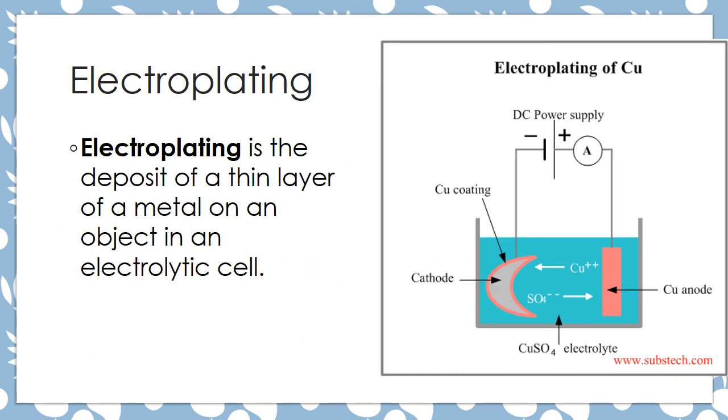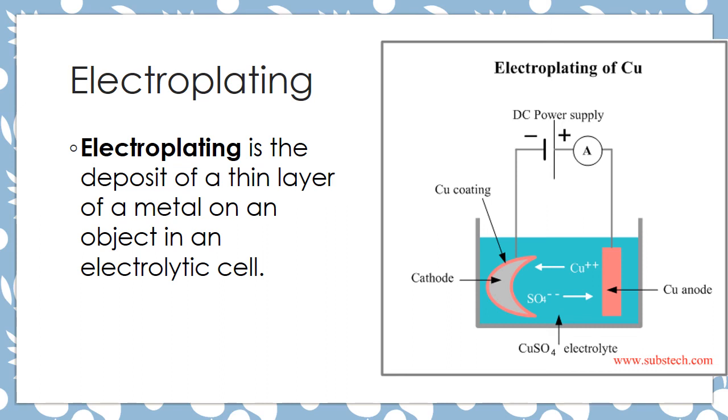Another common way of doing this is electroplating, where you deposit a thin layer of metal on an object, and this is also done in an electrolytic cell. For instance, you can copper coat things, and everybody wants copper coated cookware right now. You can make this yourself. You take a piece of copper and put it in something like copper(II) sulfate electrolyte, stick whatever you want to copper plate in that solution, and then attach wires so that one is the cathode and one is the anode.